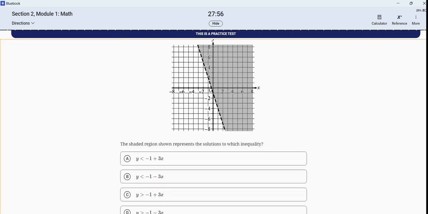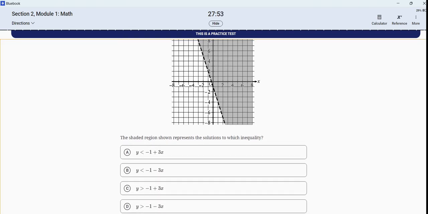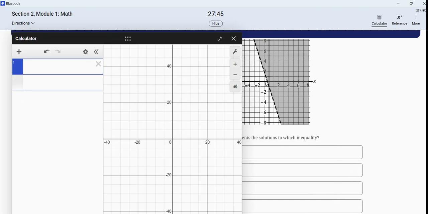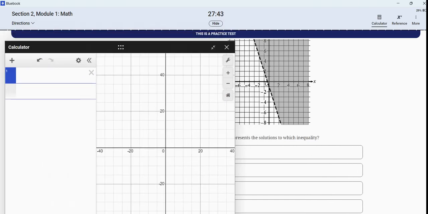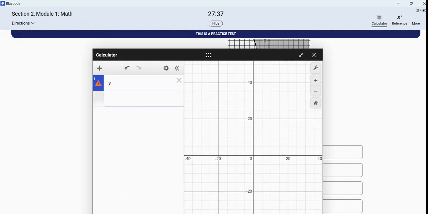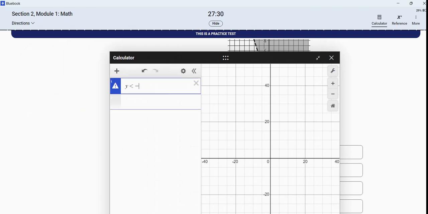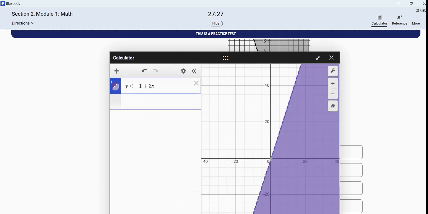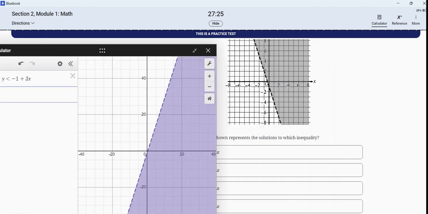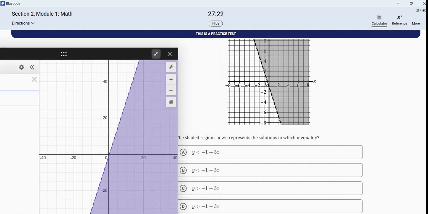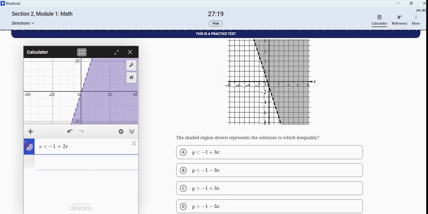The shaded region shown represents the solutions to which inequality? For this question, you can use the plug-in formula, but what you can also do is Desmos each answer choice and find the right answer. So let's try to find that. It's not that. Let's try to make this smaller.